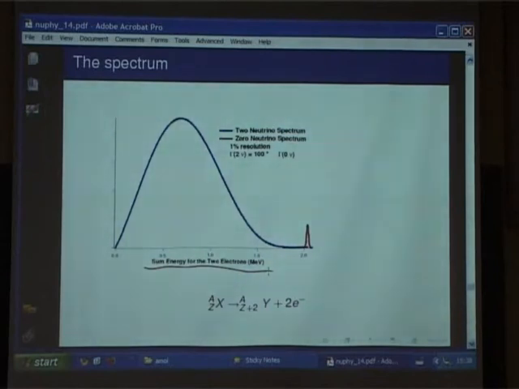So what you want to do is look at a decaying nucleus X that goes to some daughter nucleus plus 2 electrons, and the sum of the energies of these 2 electrons is a constant. So in principle, the signal is very clean. You don't have to deconvolve or anything. There is some Q value, the difference in the masses of the parent nucleus and daughter nucleus. The Q value should be entirely in the electrons, no neutrinos.